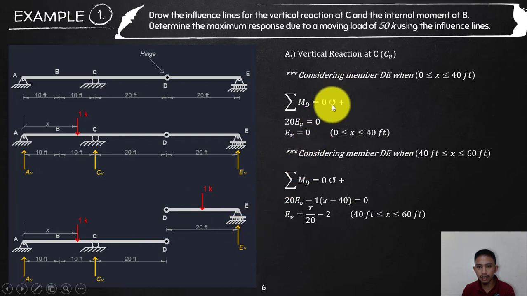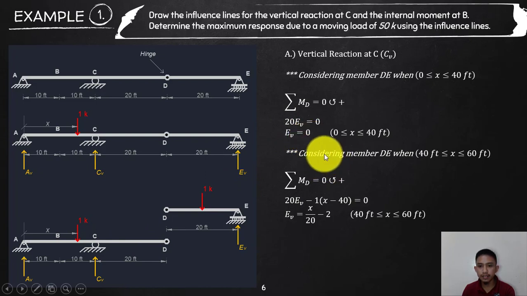Let's say counterclockwise is positive, so the moment 20 times EB will be positive. Calculating EB, it will be 0. So it means that when your load is within segment A to D, there is no EB. Your EB is 0.